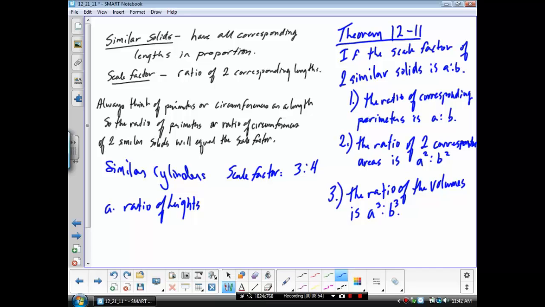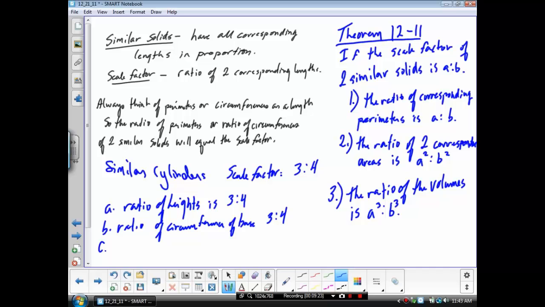It's a length. So it will be the same as the scale factor. Part B now. The ratio of the base circumferences. And again, it's a length, so 3 to 4.